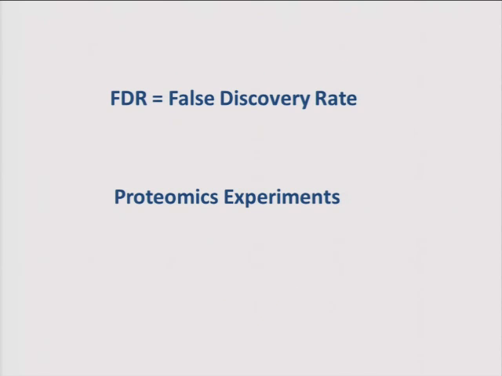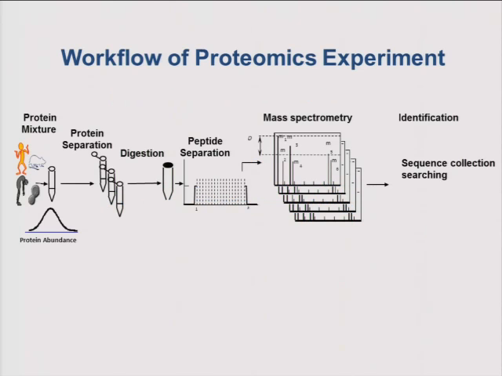So, FDR means false discovery rate, and here it's FDR in the context of peptide identification in proteomics experiments. Just a reminder of the workflow of a proteomics experiment.